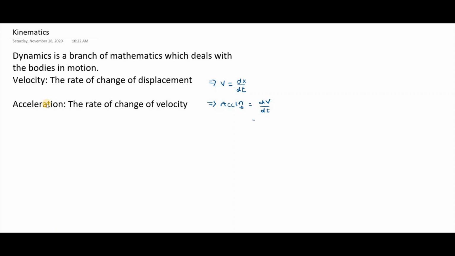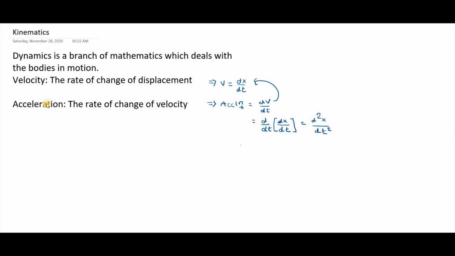The same term we can also write as d by dt, substituting the value of v, that is dx by dt, so d by dt of dx by dt, and if you simplify, you will get d square x divided by dt square. So this is the formula for the acceleration.